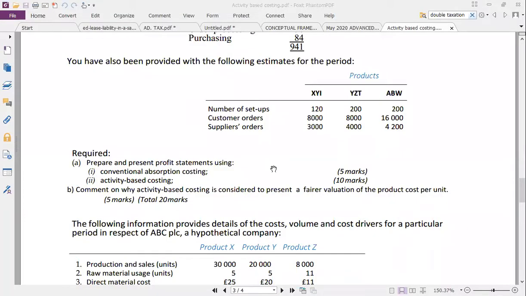Then you go in for the products that the organization trade in. What are the products? The products are 3: X, Y, Z, just the name of the product.